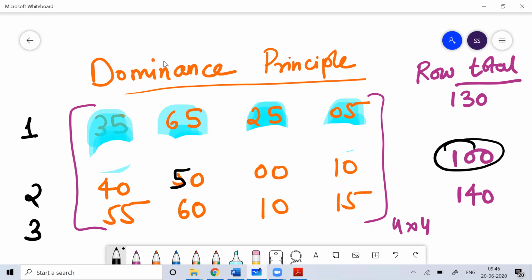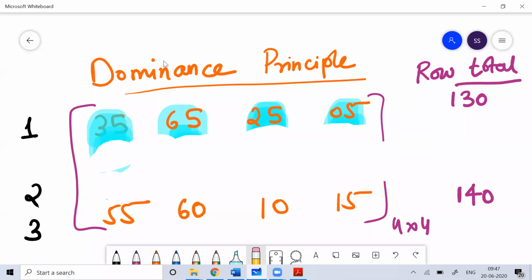It means row 3 is dominating over row 2. So I can delete row 2 because all the elements of row 3 are more than all the elements of row 2. We'll delete that row for which all the elements are either less than or equal to all the elements of the other row. So we'll delete this row.